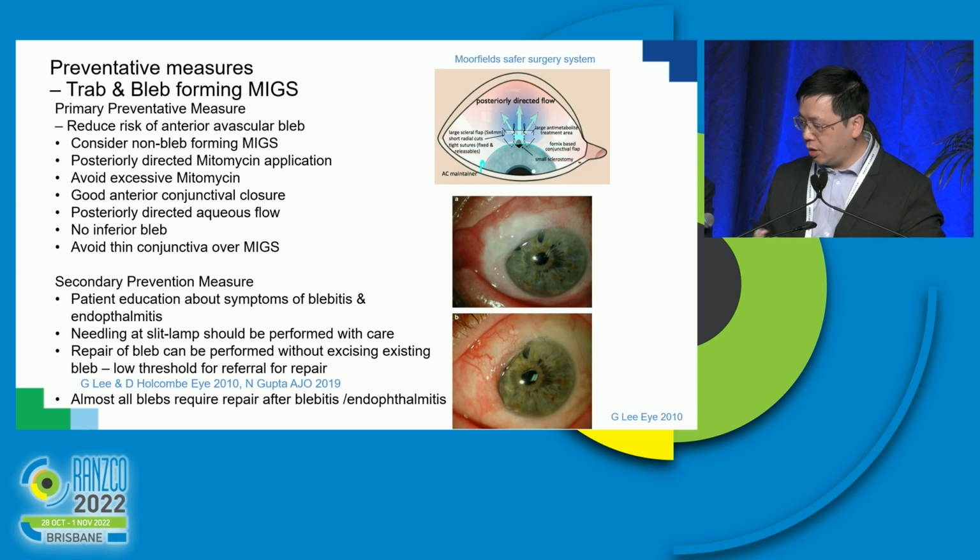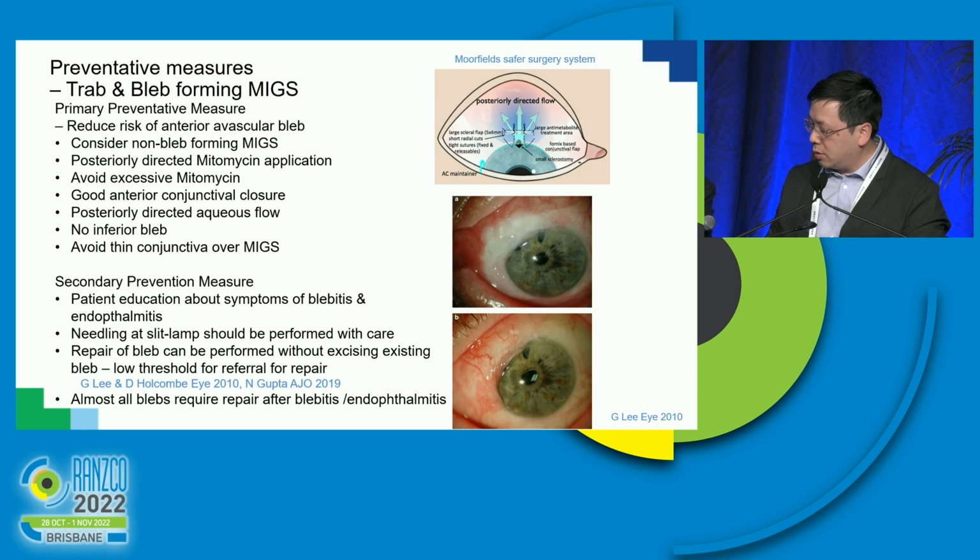In terms of secondary prevention, the main message is patient education to ensure that they know about the symptoms of blebitis and endophthalmitis. If needling is performed at the slit lamp, it should be performed with care, and I always perform it with betadine preparation.